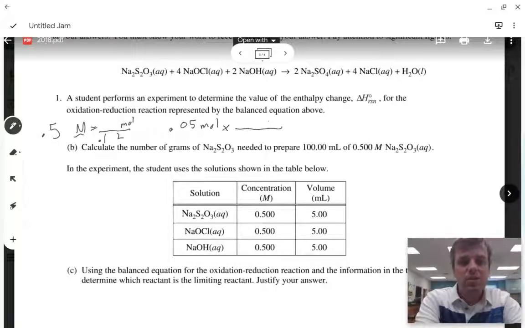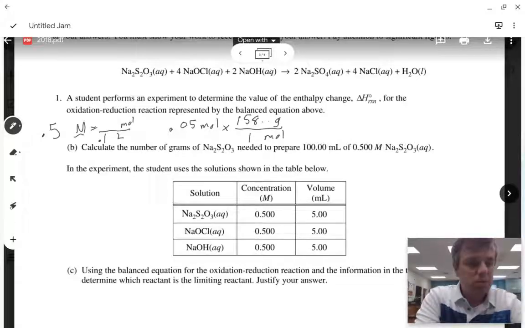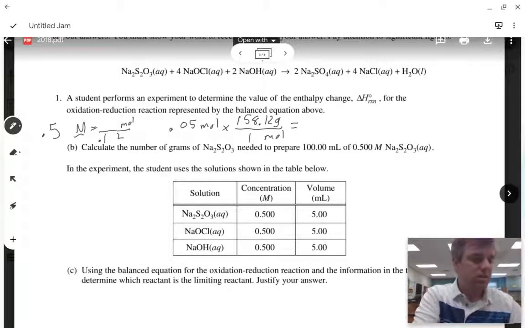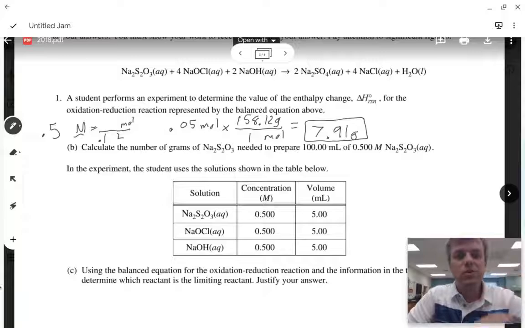And then in order to go from moles to grams, 1 mole equals the mass of sodium times 2 plus the mass of sulfur times 2 plus the mass of oxygen times 3, which is 158.12. And then we multiply that out, and we get 7.91 grams. Now, if you did not show your work in these steps, it would be wrong.